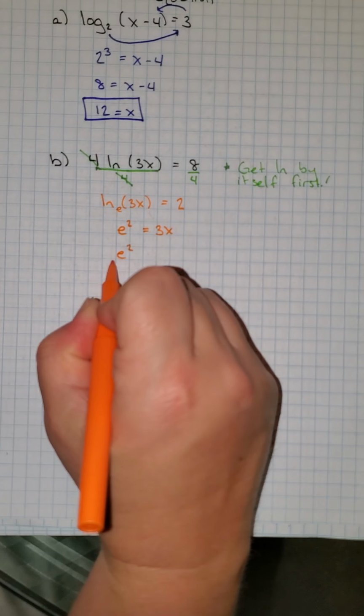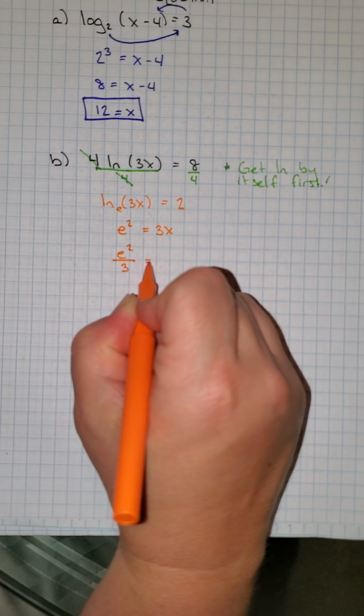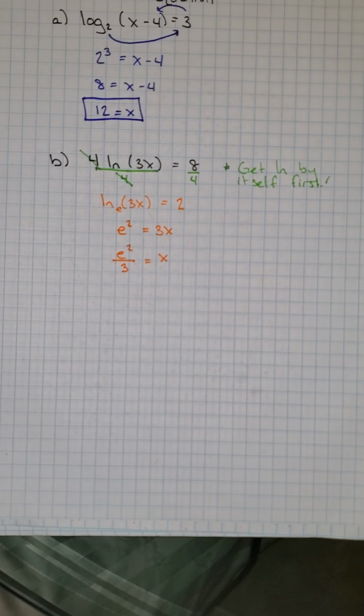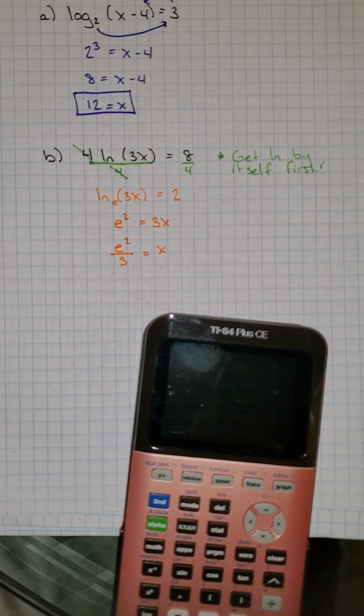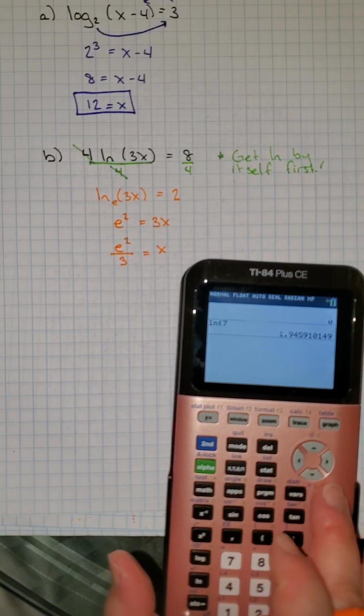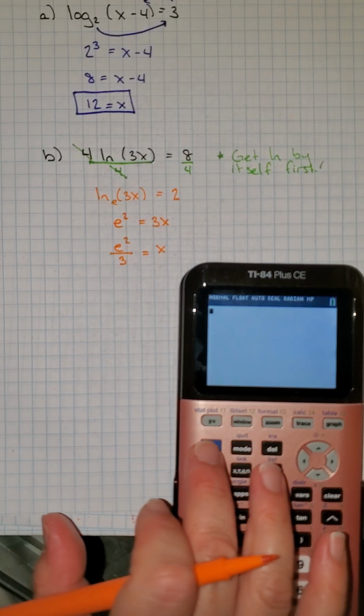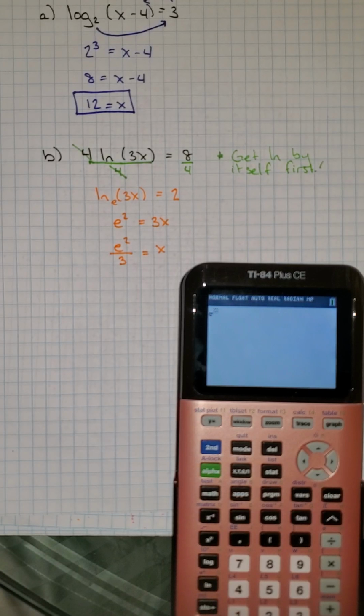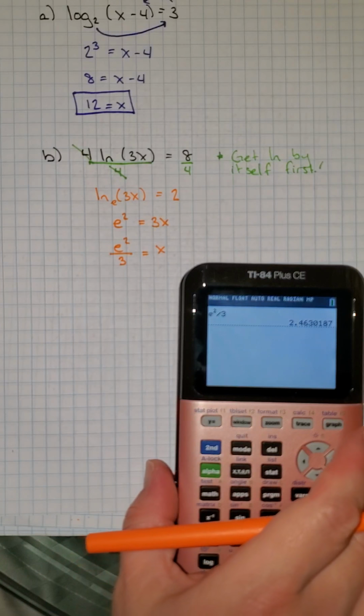So e to the 2 divided by 3 will equal x. That's the exact answer. For the approximate answer, I'm going to go on my calculator, do e to the second power, divide by 3, you get 2.463.